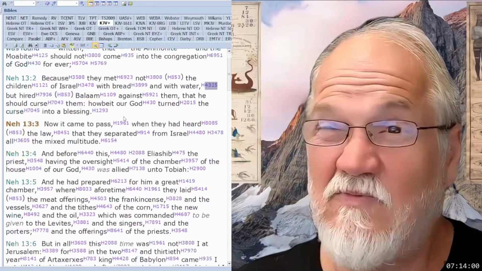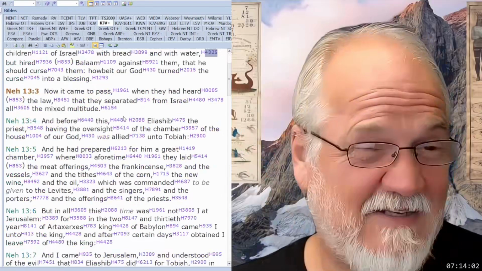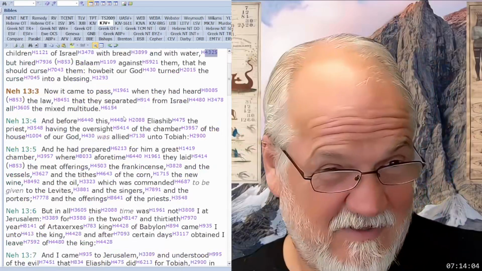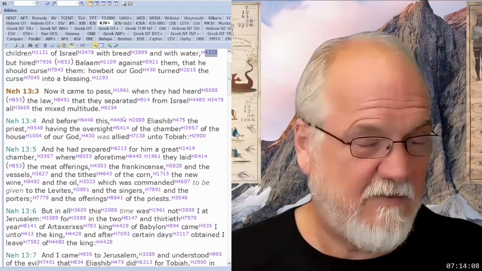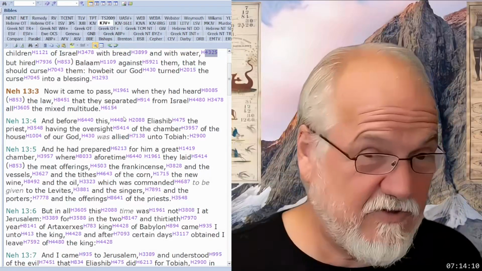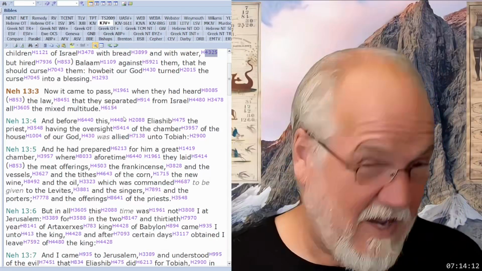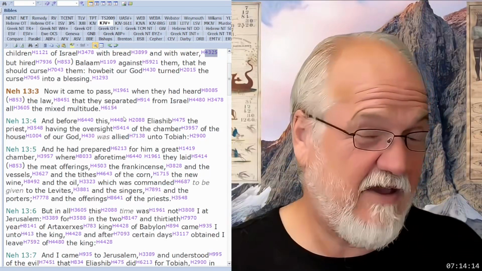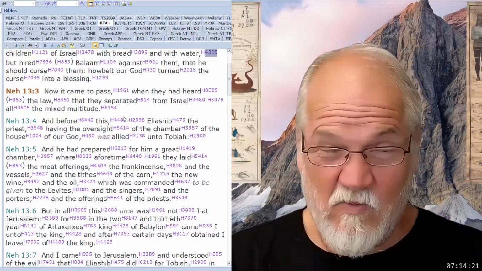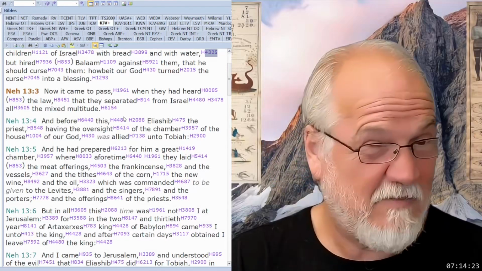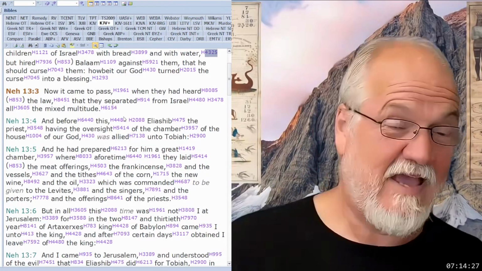And so we need to understand what that symbolizes specifically. We can say this could relate to the storehouse and tithes, but it can also have a more symbolic reference. Who is Tobiah particularly?